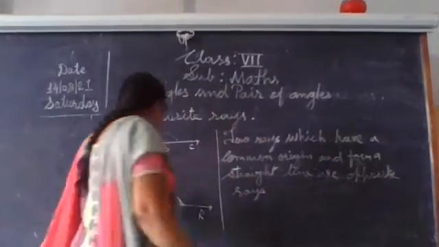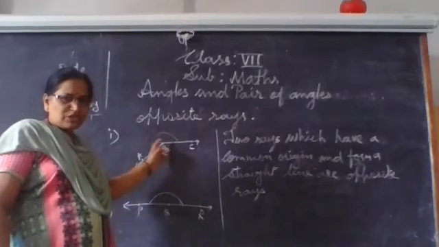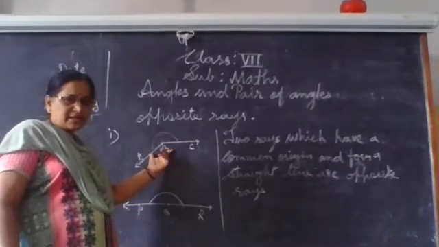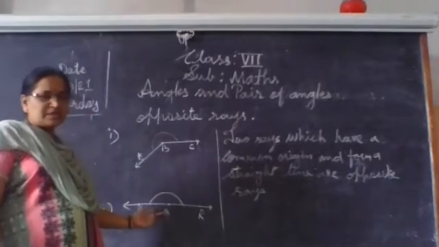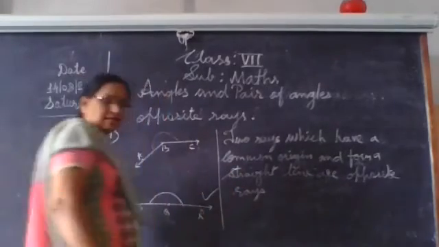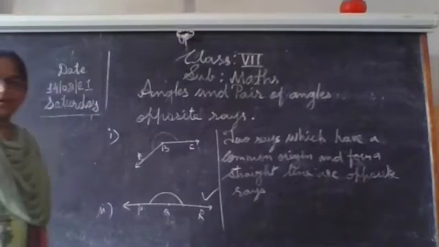In both cases, the origin of the two rays is the same, but here a straight line is not formed. But in figure 2, the straight line is formed. Therefore, these rays are the opposite rays.